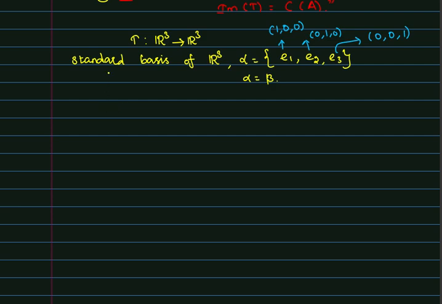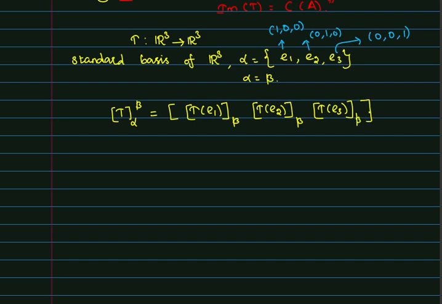We make the linear transformation into a matrix transformation, that is T of alpha to beta: T of E1 coordinate vector in beta, T of E2 coordinate vector in beta, and T of E3 coordinate vector in beta.